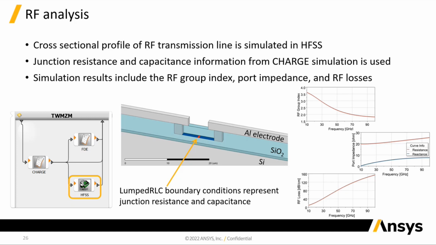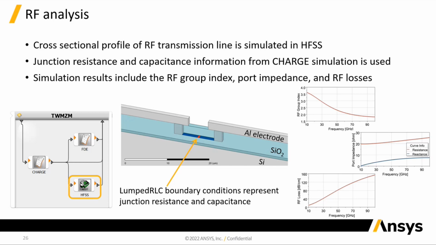They will use the lumped RLC boundary condition in HFSS. You can input this resistance and capacitance to these structures, and HFSS will follow this structure to do the full-wave 3D electromagnetic simulations.